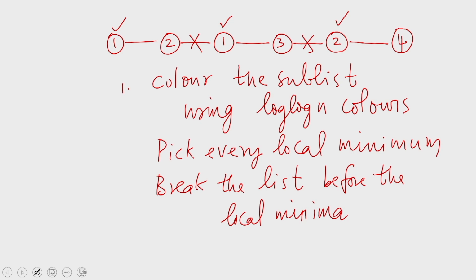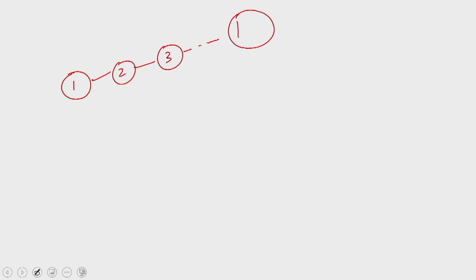If you break the list before the local minima, the length of the resultant list will be at most 2 double log n. That is because we have used at most double log n colors. In the worst case scenario, we could have a color distribution like this. Let us say 1 is a local minimum, then we have 2, then we have 3, let us say the colors going all the way up to double log n.